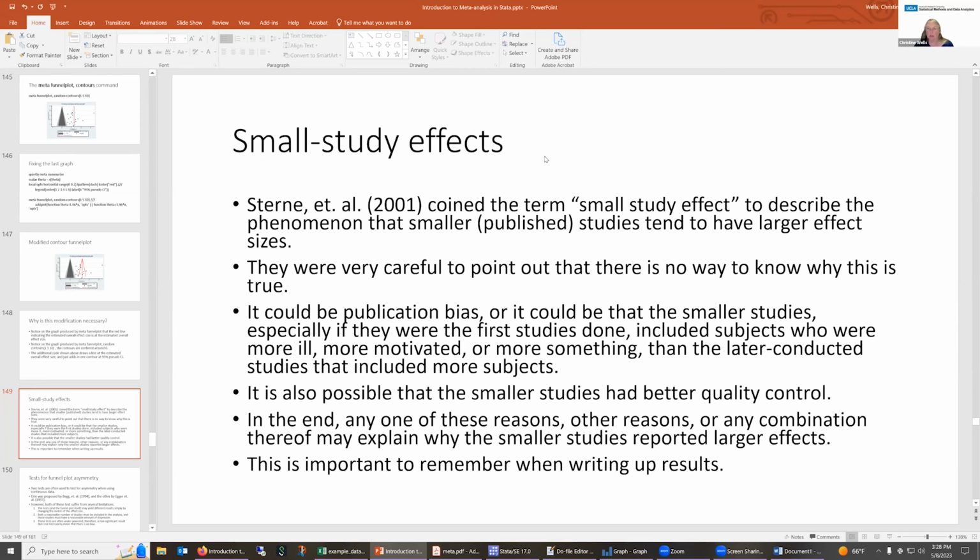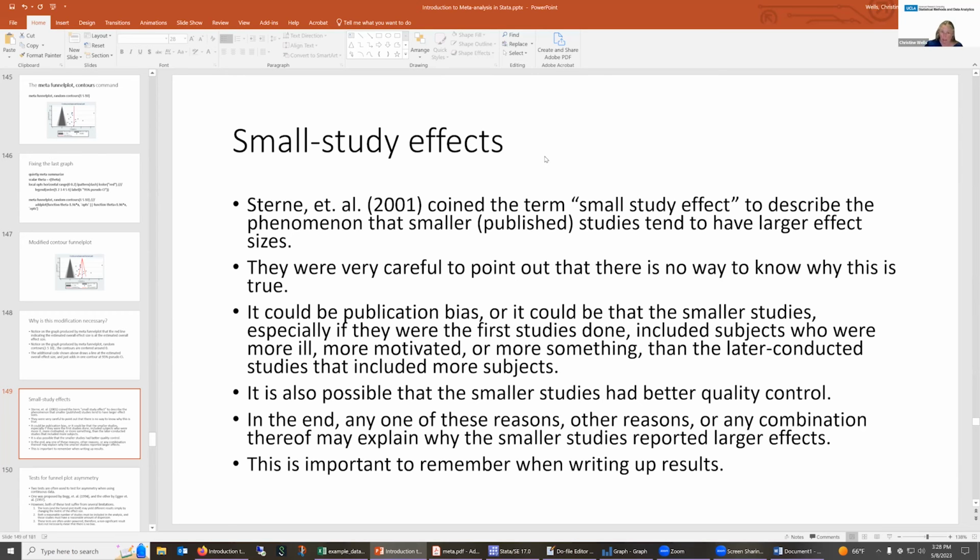Right, we're holding alpha constant. And so if I have a smaller n and I had a statistically significant result, I had to have a larger effect size. They were very, very careful to point out that there's no way to know why this would be true. So there's other things that could be at play here.